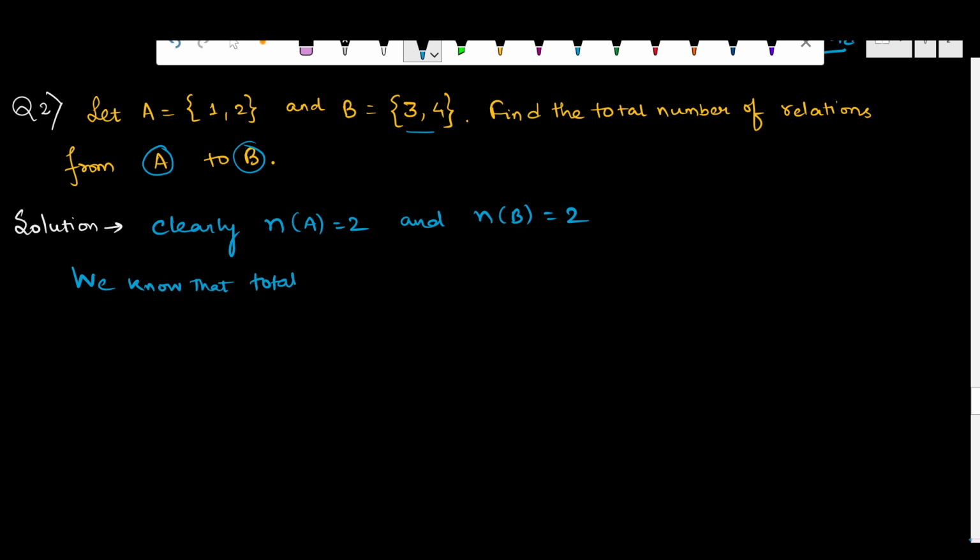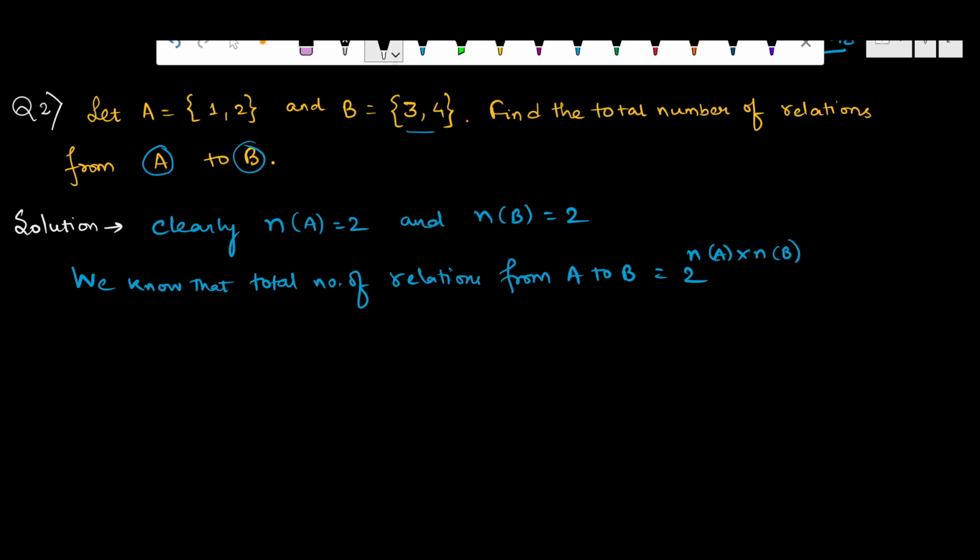We know that total number of relations from set A to B is equal to 2 to the power cardinality of A times cardinality of B, right? So here cardinality of A is 2, and cardinality of B is 2, right?